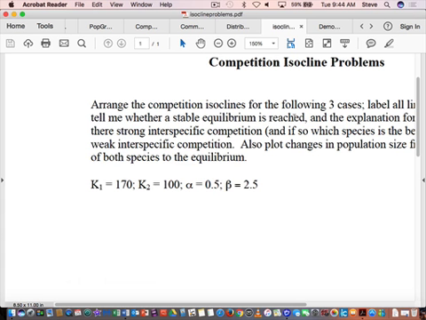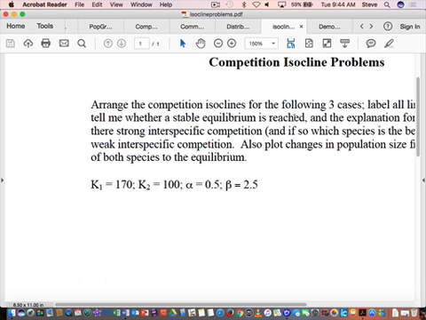And then where's the other one? K2 over beta is down here, because it equals 40. So what's the outcome? That's the species 1 isocline, that's 2.